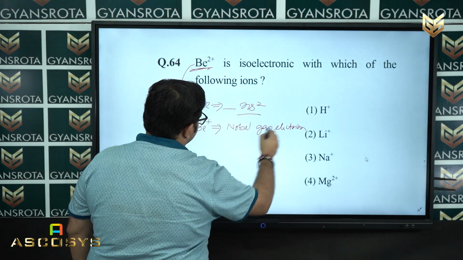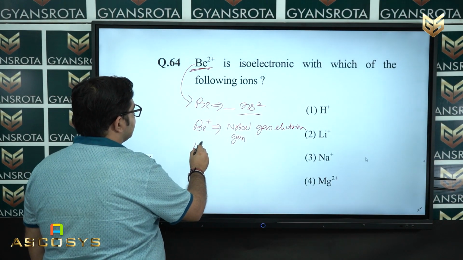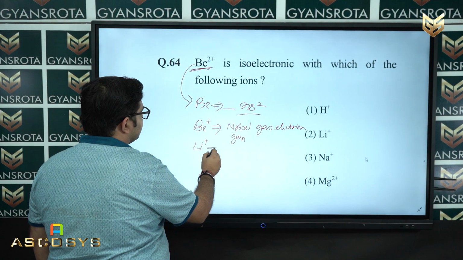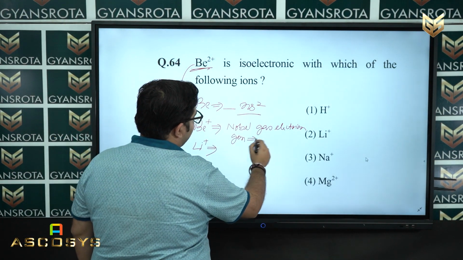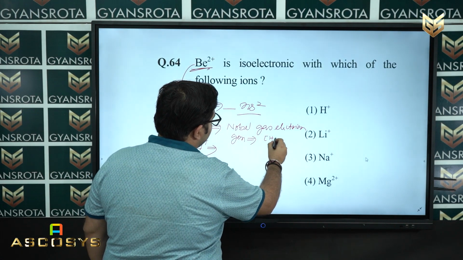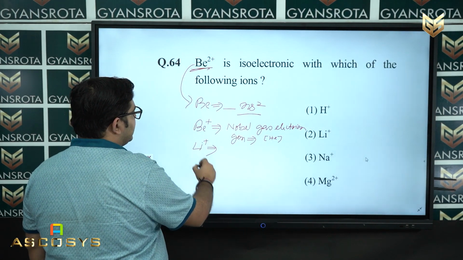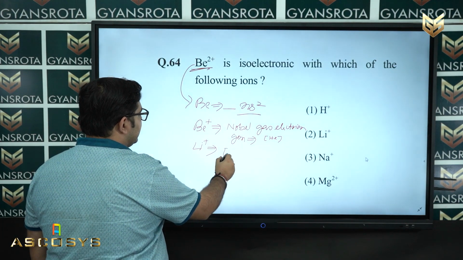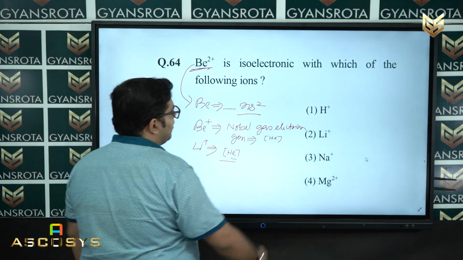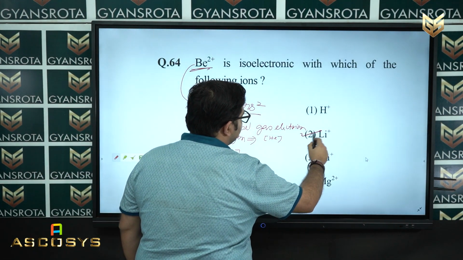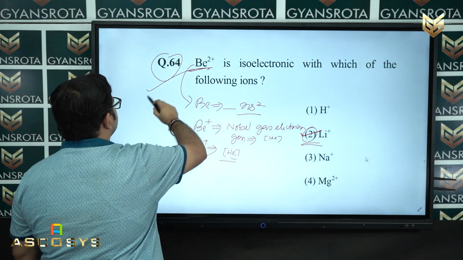Similarly, if you see Li+, it is also a noble gas electronic configuration, that is helium configuration it will attain. Lithium, when it loses one electron, also attains the helium electronic configuration. So, option number 2, that is Li+, is the correct answer of your question number 64.